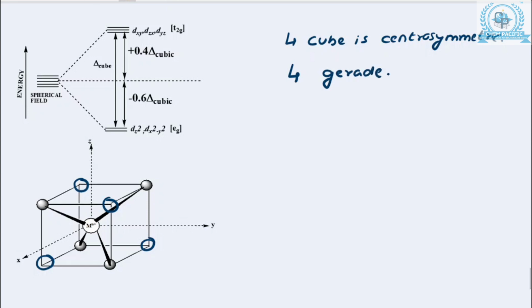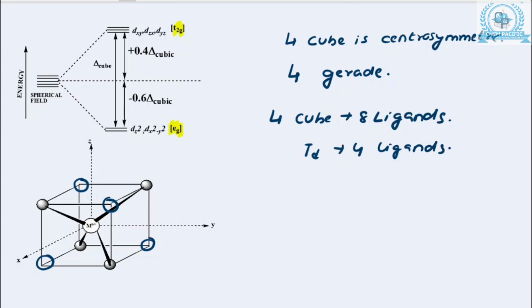That is why in this case the gerade subscript is used. And this cube is consisting of how many ligands? So cube is consisting of 8 ligands and tetrahedral complexes are consisting of 4 ligands. So here in the cube the attraction doubles, therefore the delta cube is equal to 2 of delta T.